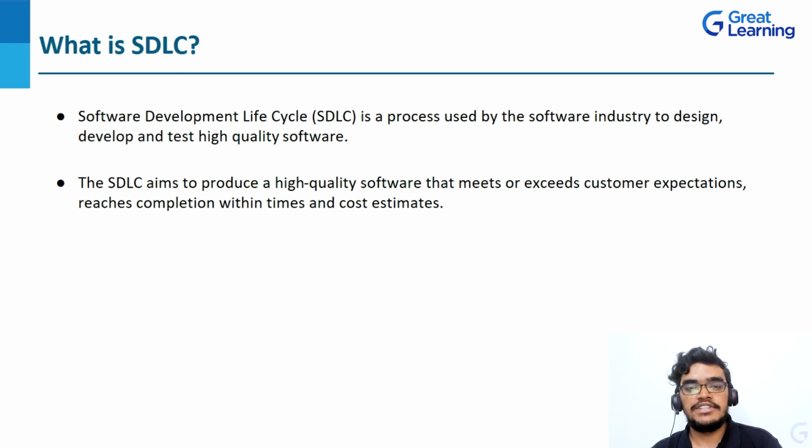Company A has a certain requirement that they cannot build themselves. So they will contact company B and tell them about their specification and the requirements that have to be done in the project. They will provide all the information about the requirements, and according to that, the service-based company will work on the project, and after working on it, they will charge some amount to the client-based company. So in this way, software development life cycle works.